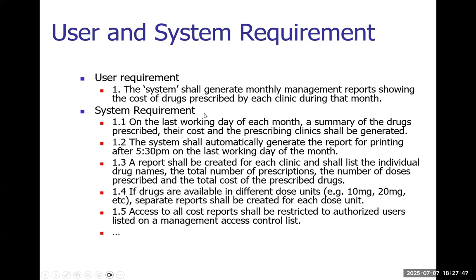So you can see there is a big difference between the user and the system requirement. How can we bridge the gap? That's what the system requirement does, and that's what requirement engineering does. There are some strategies we are going to discuss later to bridge the gap.